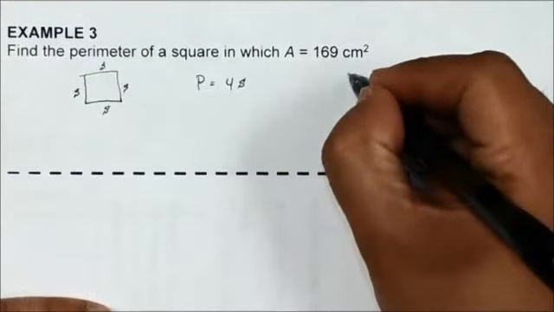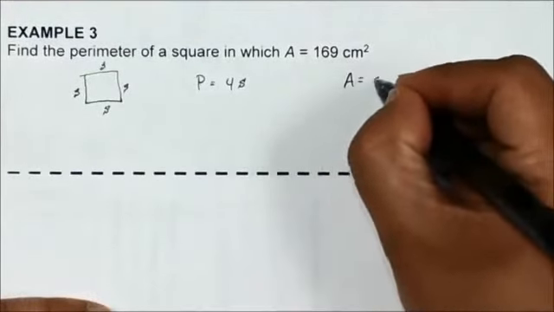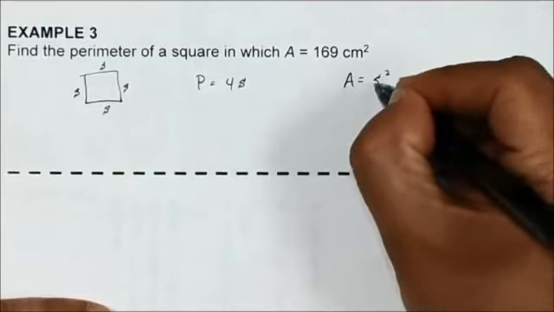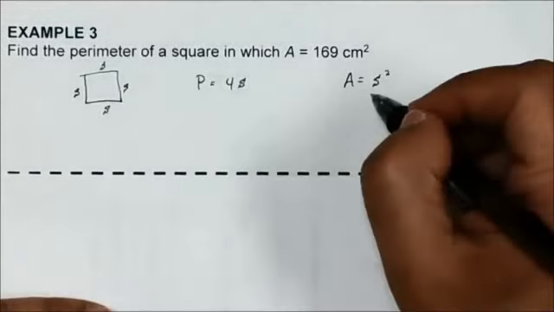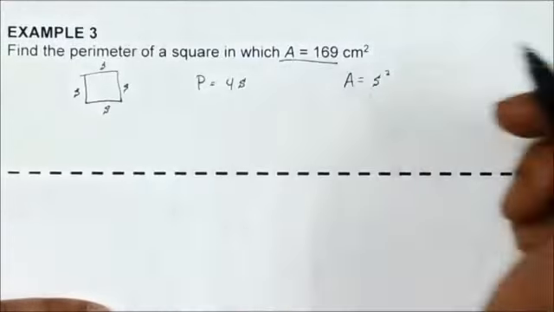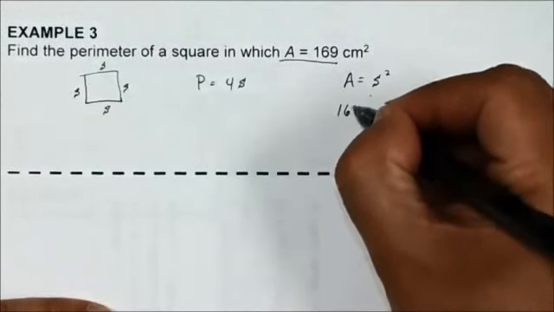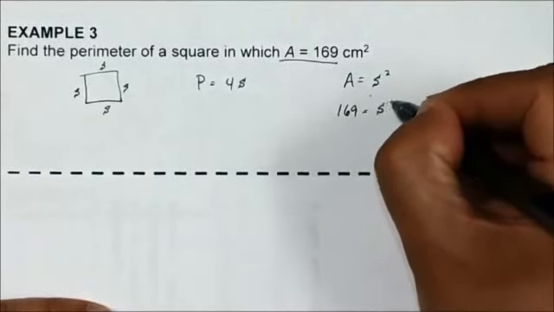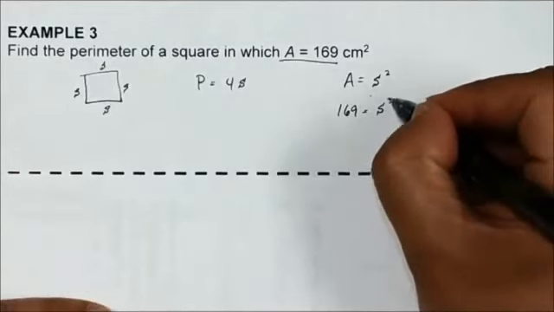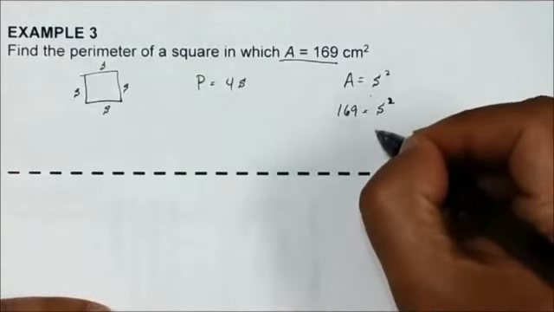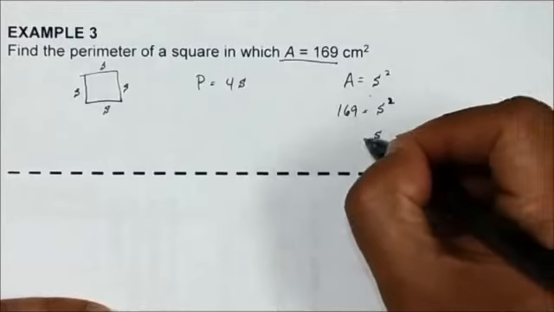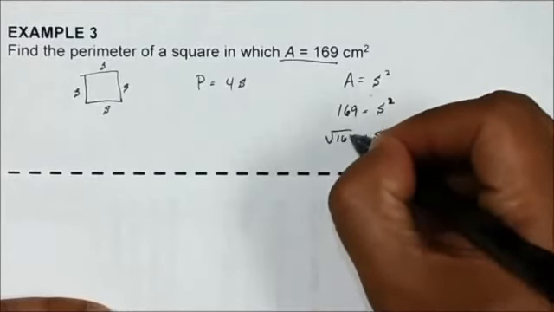So remember that the area of a square is side squared. That's the formula. I know my area is 169, so I'm going to take 169 is equal to s squared. And I want to get rid of the exponent right here, so that means I have to take the square root of 169.